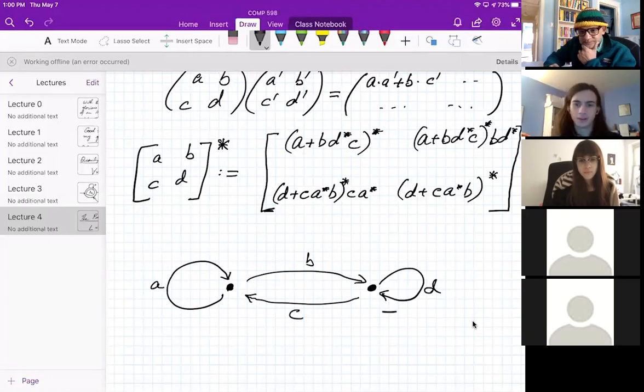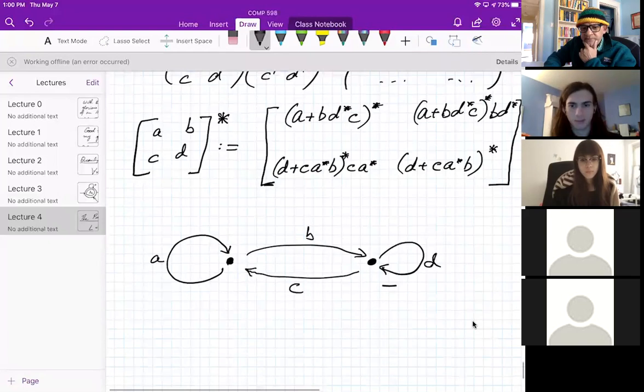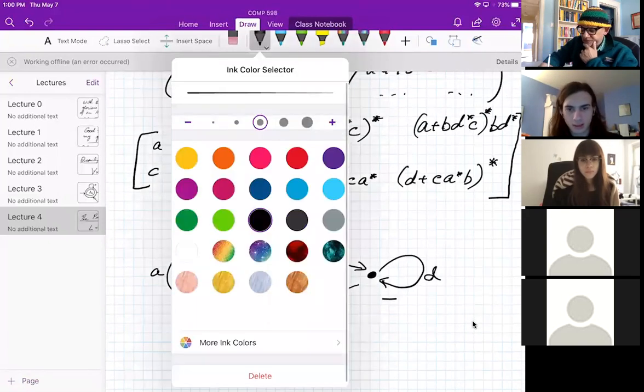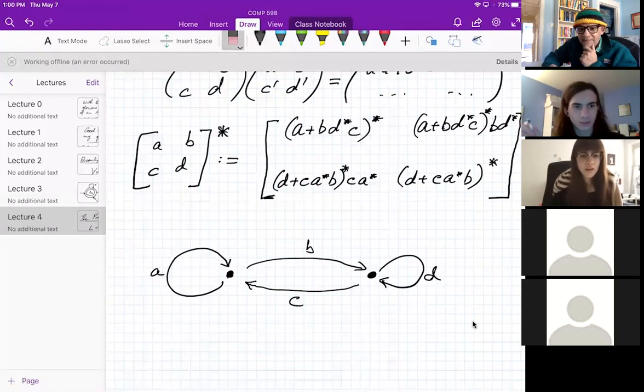Professor, if you're drawing something or tracing it out with your mouse, the screen hasn't updated in a while. Really? On my laptop, you don't see this picture with the two dots? No, I think it's fine.